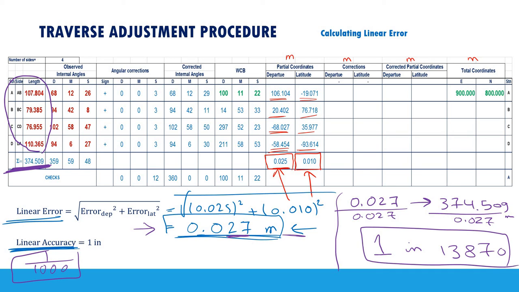So this is the linear accuracy, 1 in 13,870. If you have an allowable error in your project, like 1 to 1000 or any other number, you can compare these two numbers against each other and decide if your measurements are accurate enough in terms of linear accuracy. So for this project, the linear accuracy is 1 in 13,870.